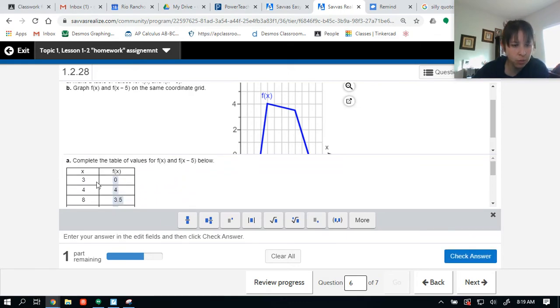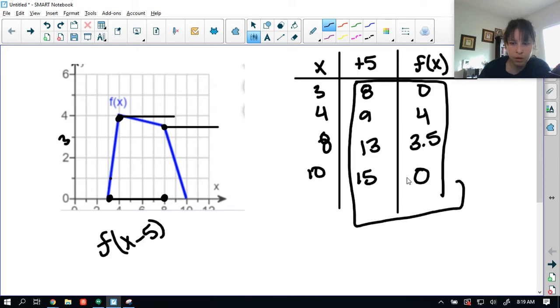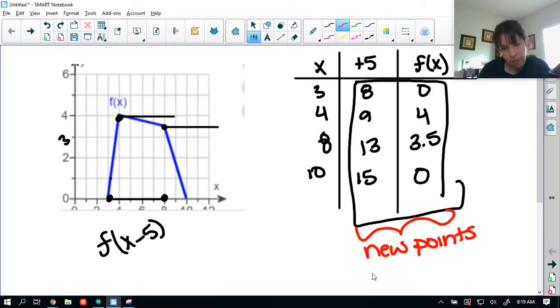Because all we did is move the horizontal. So if I had 10 here, I'm adding 5 to 10, I get 15 and the 0. These are the new points for the transformed or the child function.